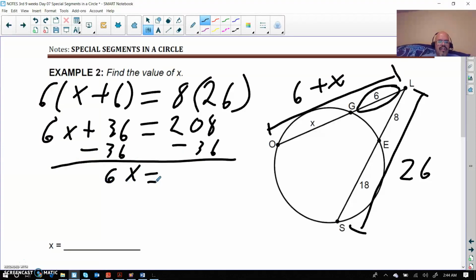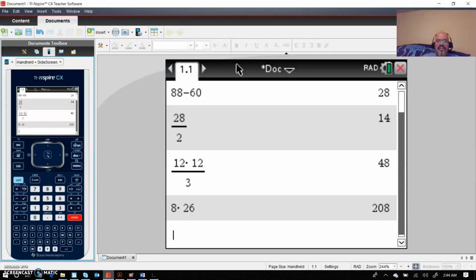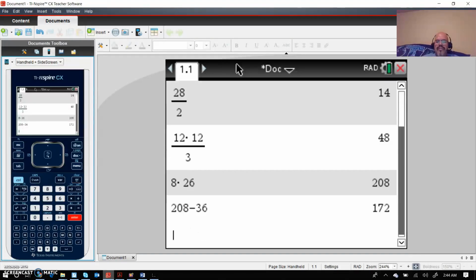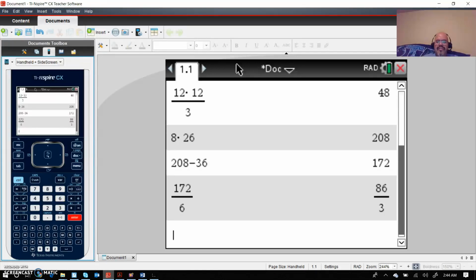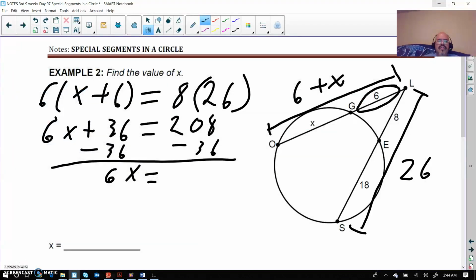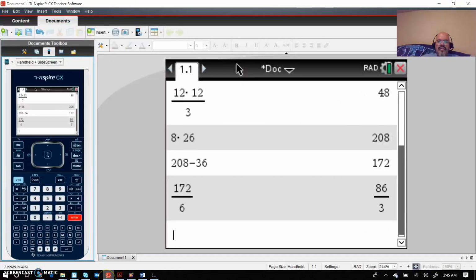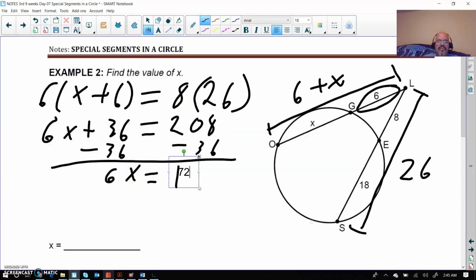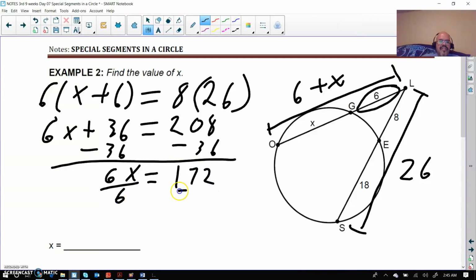This is going to be a rather odd number for us. So 172, and then we're dividing that by 6.